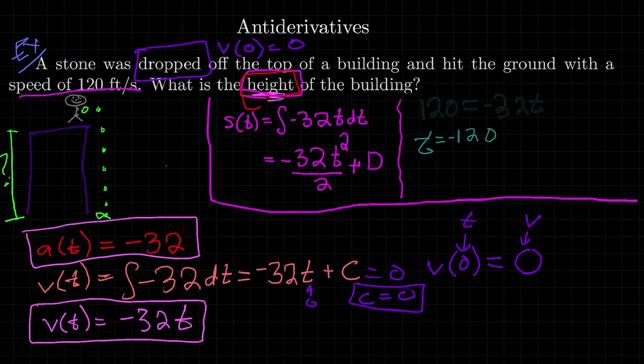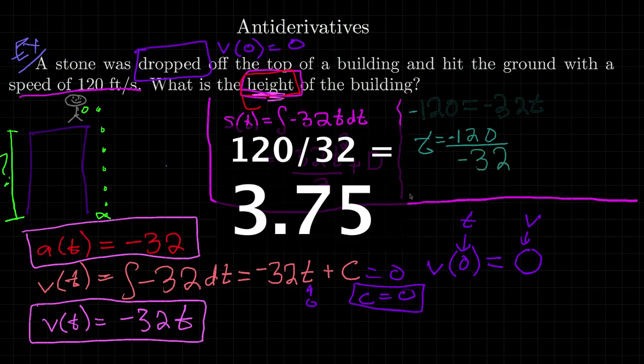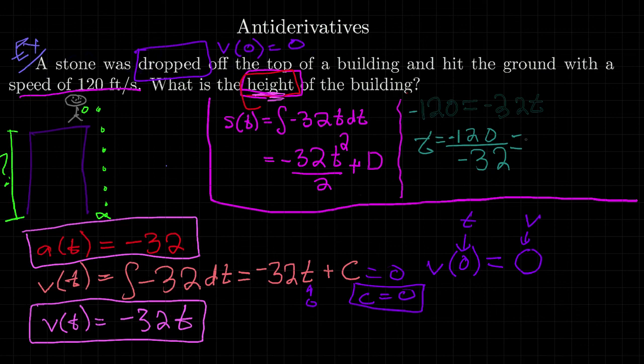Actually, it's negative 120 because it's going downward, so the velocity is negative. So the time is negative 120 divided by negative 32, which is 3.75 seconds. Okay, so what this tells me is that it took 3.75 seconds to hit the ground.